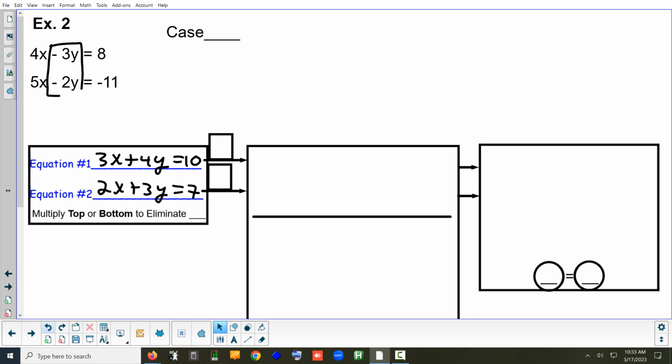Which pair of numbers is smaller? The numbers with the x's or with the y's? I would say the x's, 3 and 2 is smaller than the 4 and 3. You could pick the 4 and 3, you just have a little bit bigger numbers. Right, let's pick these. So the top equation is going to get multiplied by something with what number?